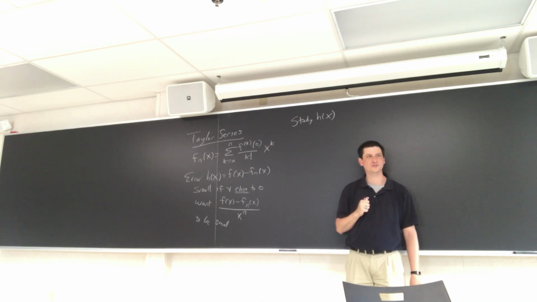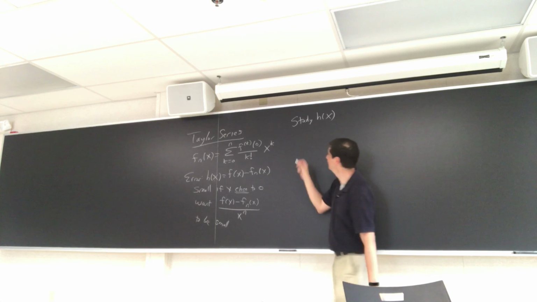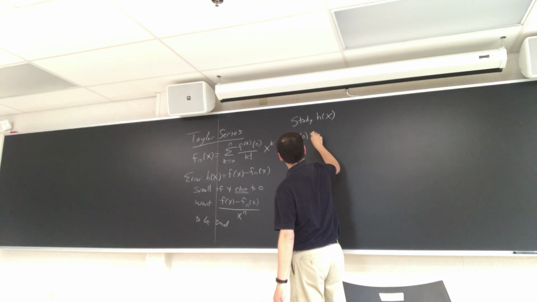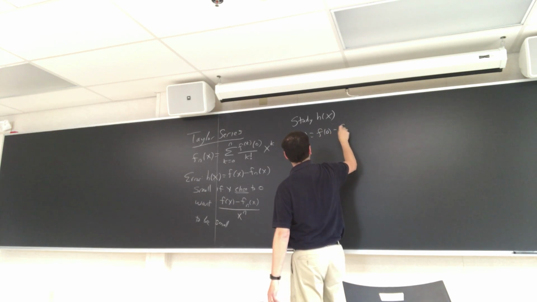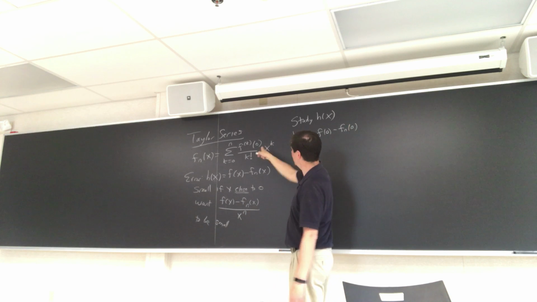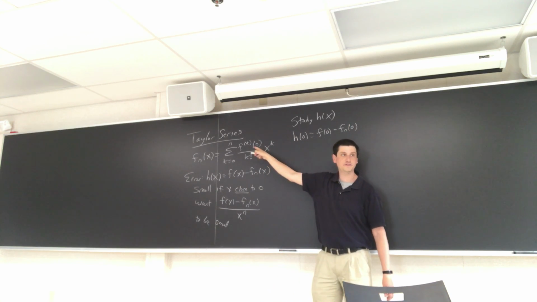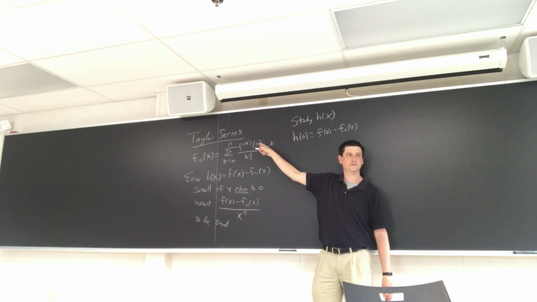What would be a good place to evaluate h at? 0. So h of 0 is f of 0 minus f_n of 0. But when you put in x equals 0, the only term that survives is the first piece. Right?